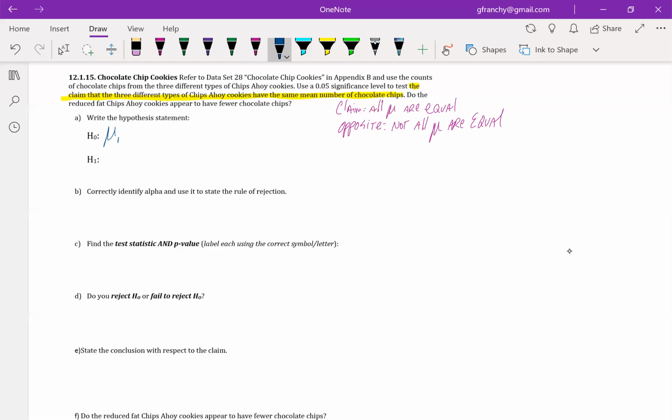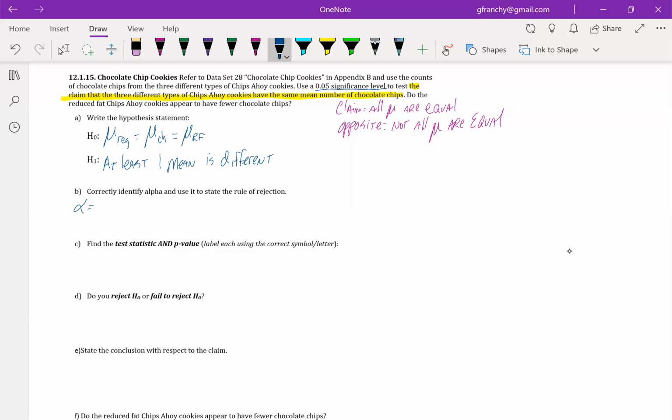So we got the mean of the regular equals the mean of the chewy equals the mean of the reduced fat, and our alternate: at least one mean is different. And again, the mean that we're talking about is the population mean, because I doubt all 3 sample means are going to be the same.